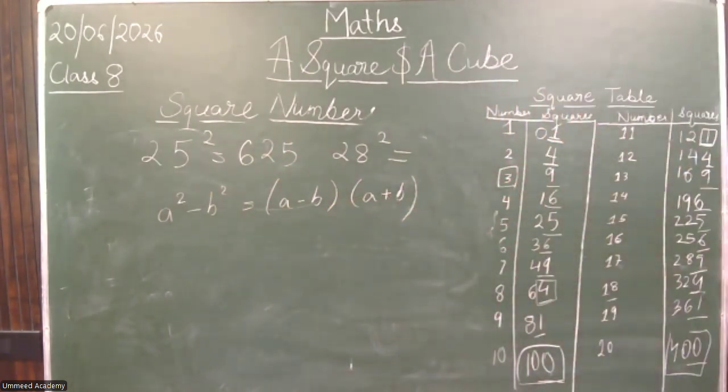अब इसमें we keep a as 28 and b as 25 and solve and tell me.